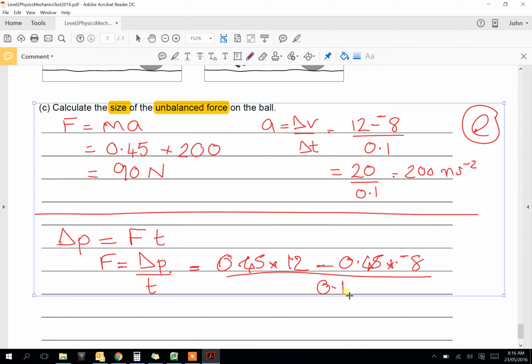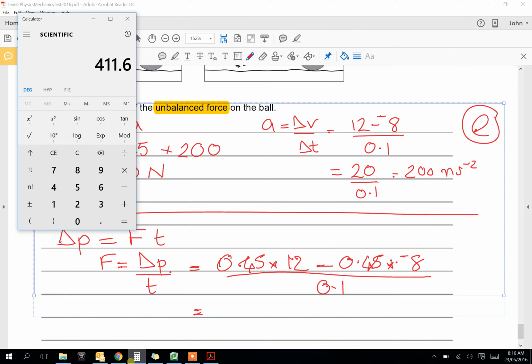0.1. Okay, and if you did that, you would put those numbers all into your calculator, if you can, 0.45 times 12 minus 0.45 times minus 8 equals, whoops, something went wrong there.